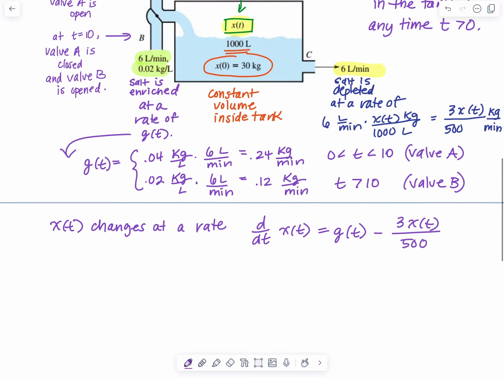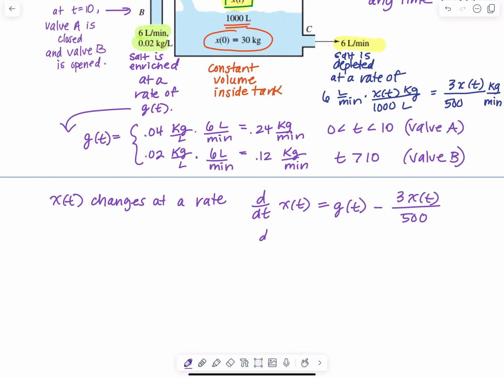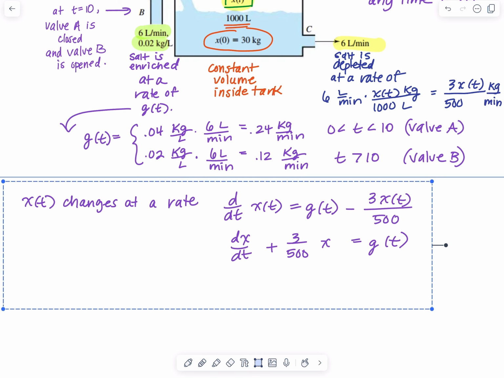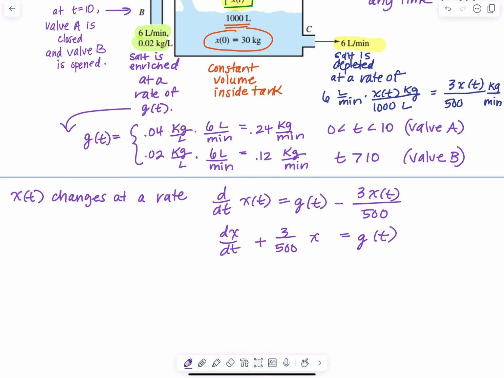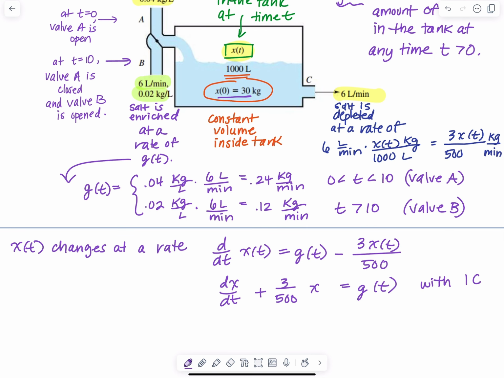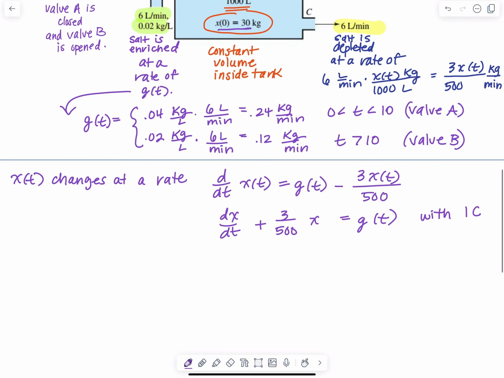Now we could go ahead and rewrite that as dx/dt plus 3/500 x is equal to g of t. And we do have an initial condition, and they did give that right here, and that would be x of 0 is equal to 30. Of course, that would be 30 kilograms.